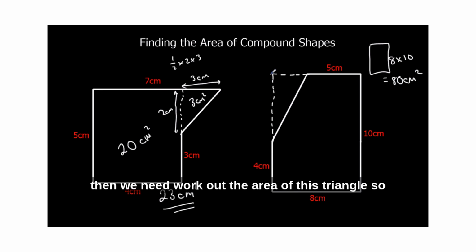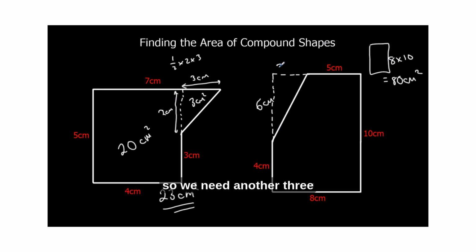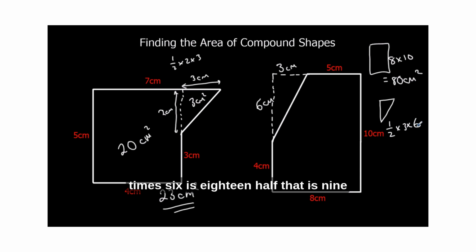And then we need to work out the area of this triangle. So we've got the whole length here is 10, and this bit's 4, so this must be 6. And the whole length here is 8, and we've got 5, so we need another 3. So the triangle is half times 3 times 6. 3 times 6 is 18, half of that is 9.